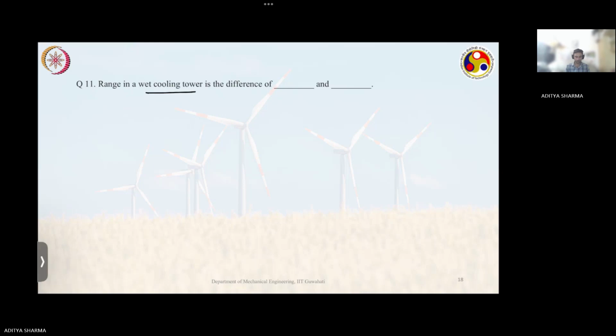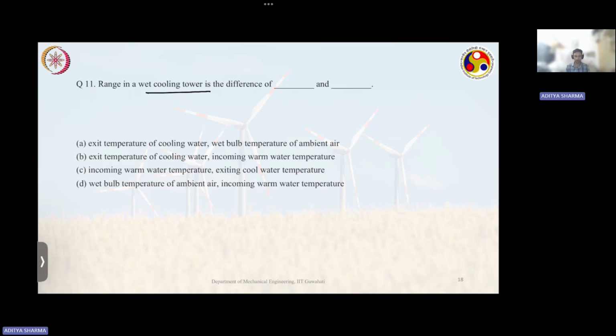Then in your wet cooling tower, you define range. One parameter, range, is basically a difference in two temperatures. But what these two temperatures are, you have to answer.